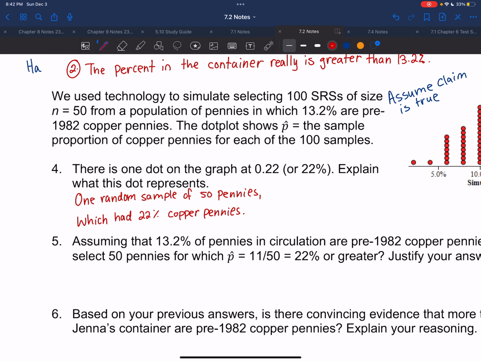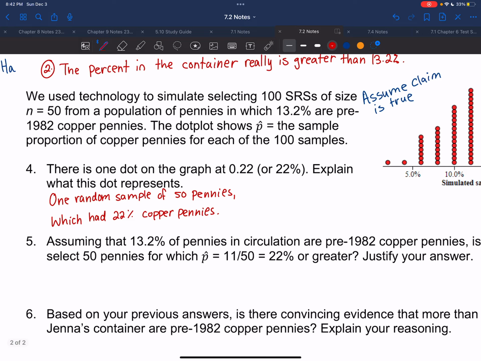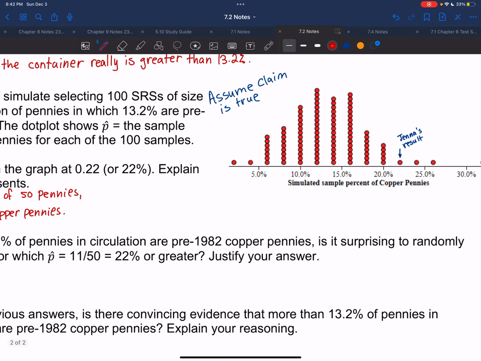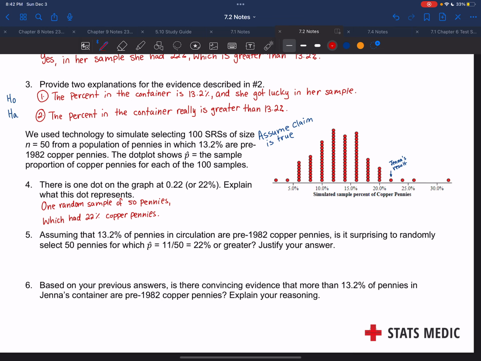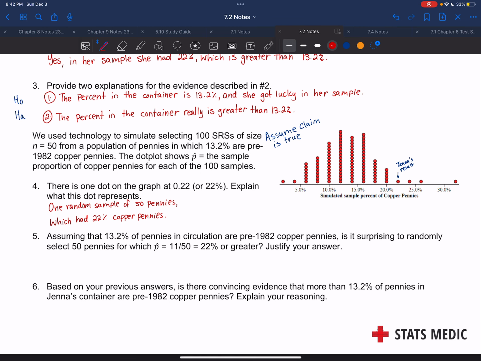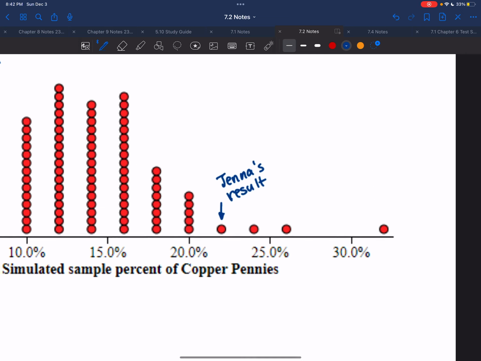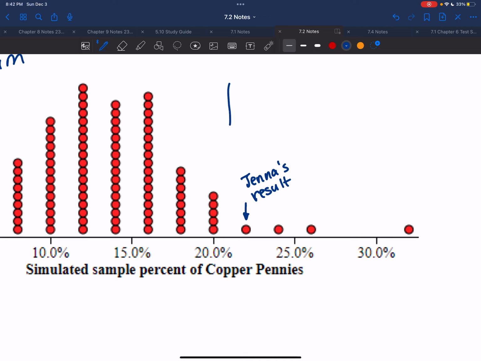Now, number 5 says, assuming that 13.2% of pennies in circulation are pre-1982 copper, is it surprising to randomly select 50 pennies for which p hat is equal to 22% or greater, and justify your answer? So if I look at this, the number of dots at and above 22%, I've got 100 dots total, and only 4 of them are at or above 22%.